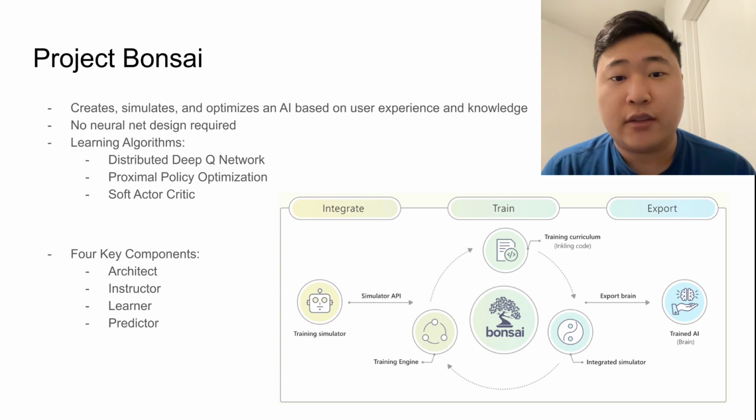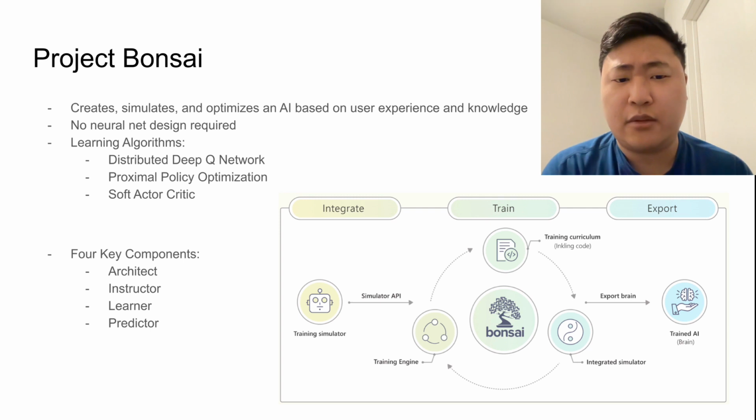Bonsai consists of 4 key components to train a brain: the architect, the instructor, the learner, and the predictor. The architect creates and optimizes neural networks based on the curriculum defined in the Inkling code. The architect also currently only supports distributed deep Q network, proximal policy optimization, and soft actor critic.